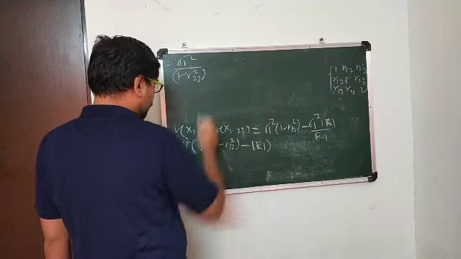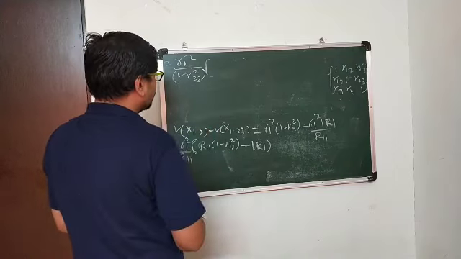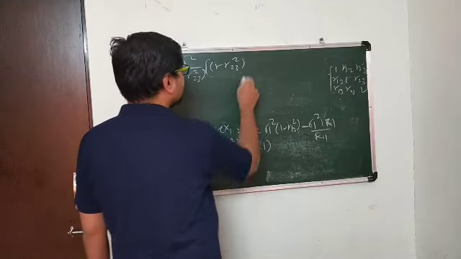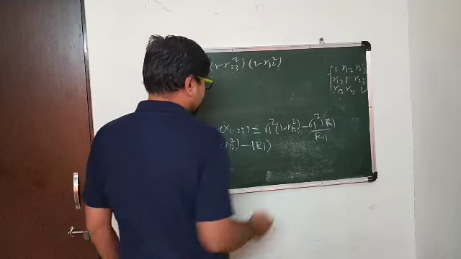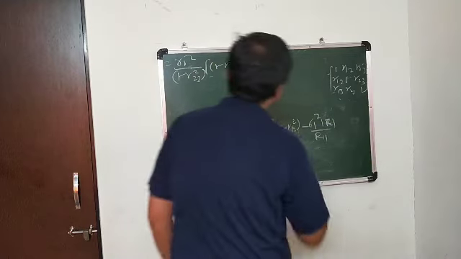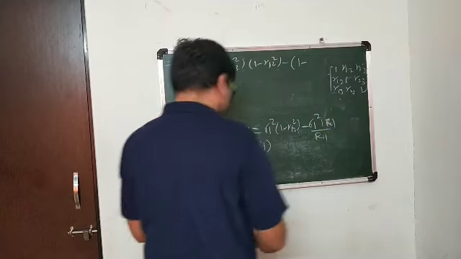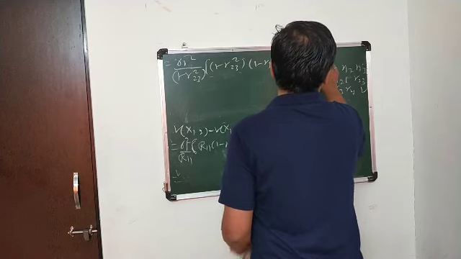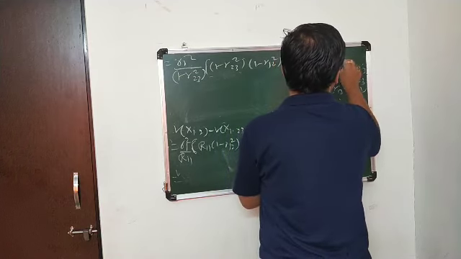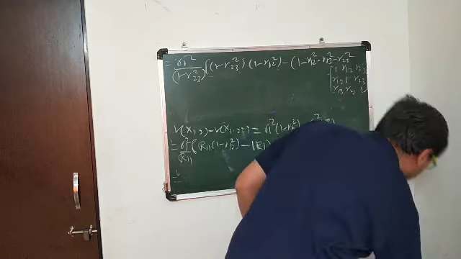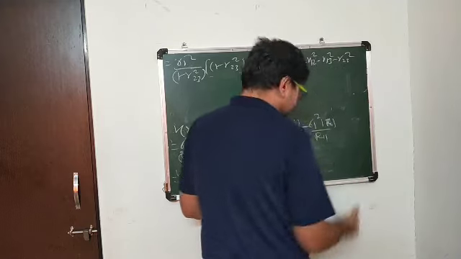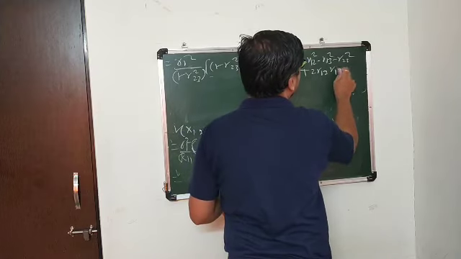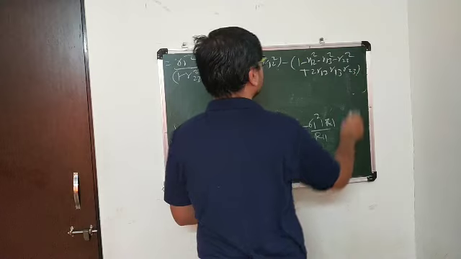So R11 is 1 minus r23 square, into 1 minus r12 square, and we know that the determinant of R is 1 minus r12 square, r13 square, r23 square plus 2 times r12 r13 r23.